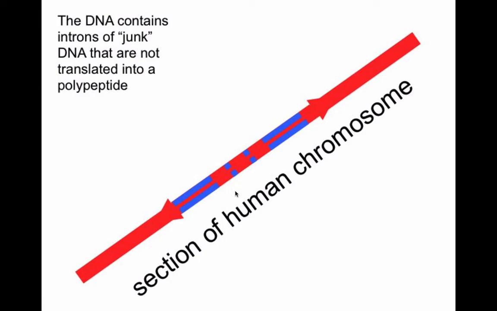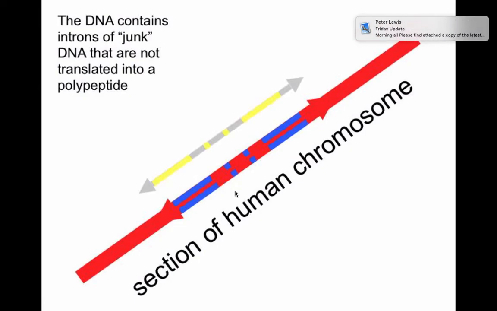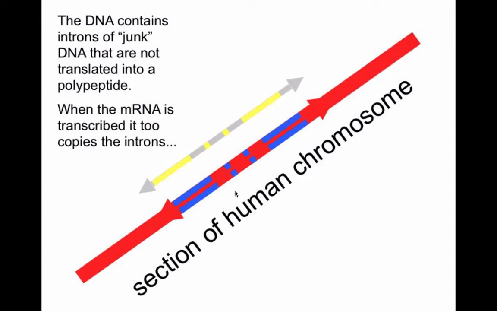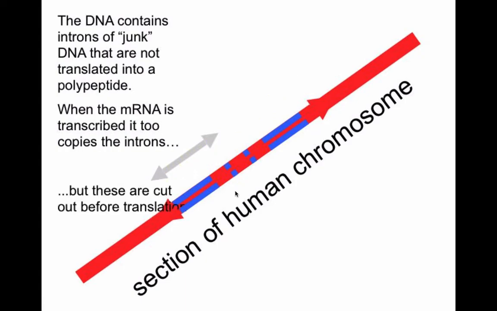So what you have to do is wait until it's been transcribed into mRNA, after the mRNA has been spliced, so the introns are removed before translation. So then this is the really useful bit. This is just the mRNA that will be translated by the ribosomes, so no junk DNA in there at all.